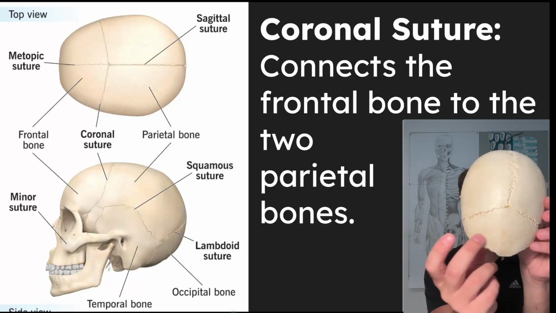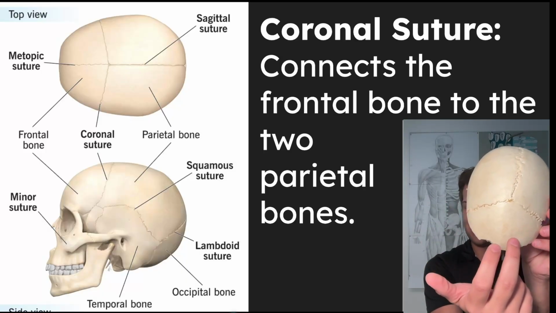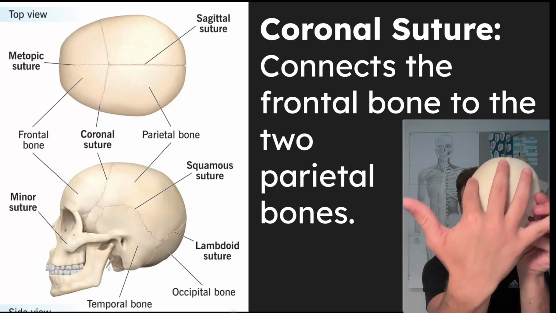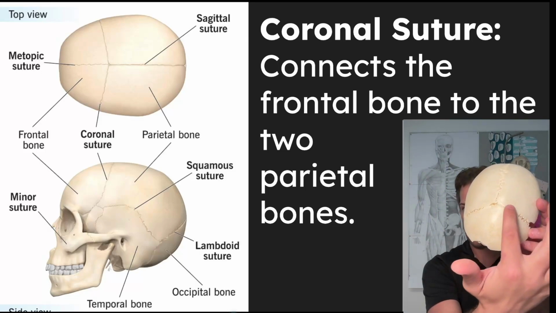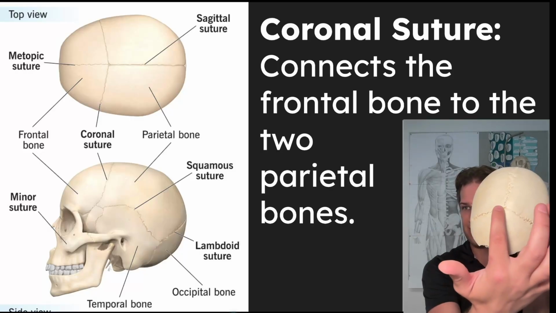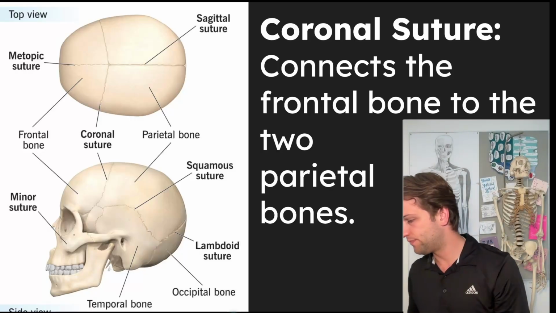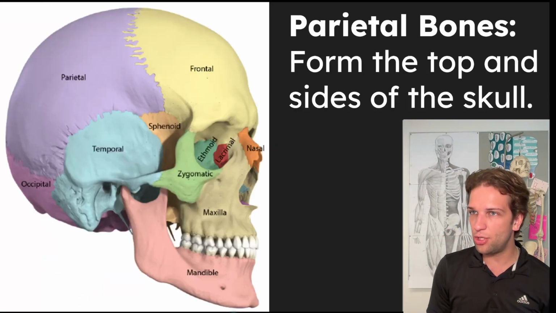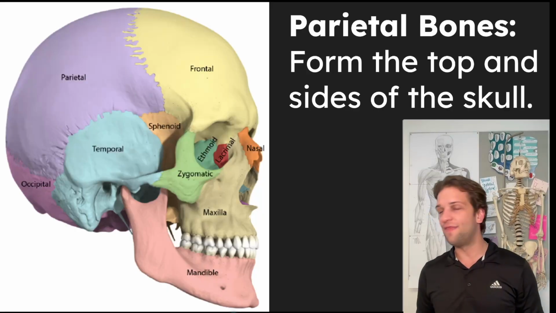And so our frontal bone is connected to the parietal bones by the coronal suture. This suture distinguishes the frontal bone. And so the frontal bone connects to our parietal bones by that suture.